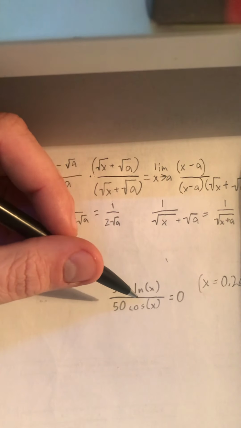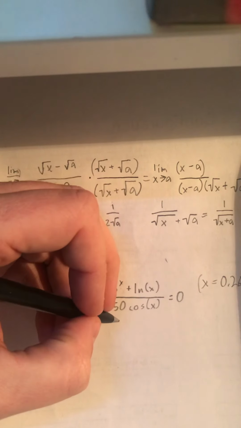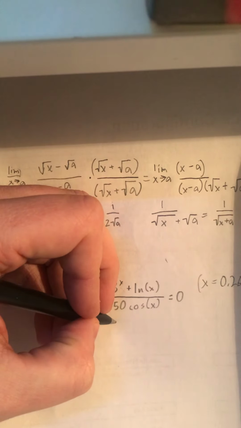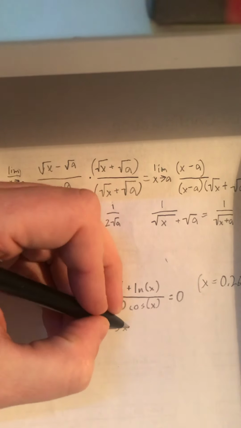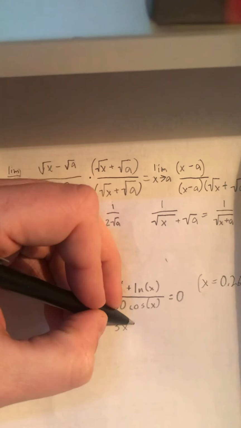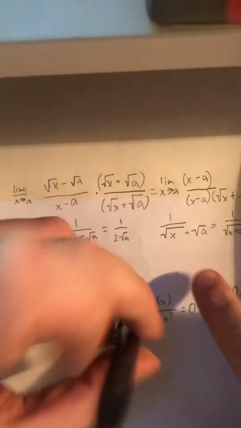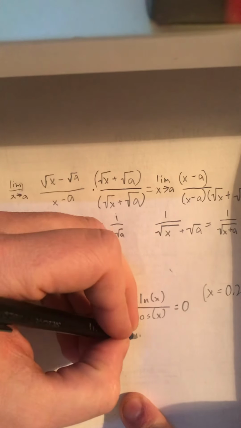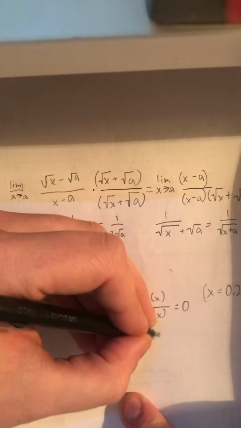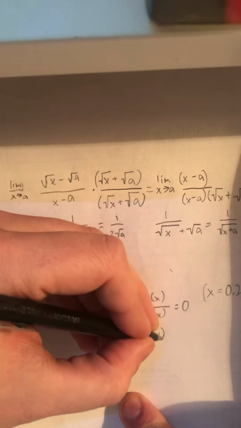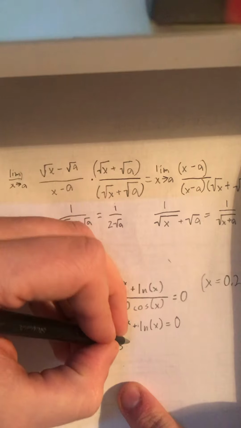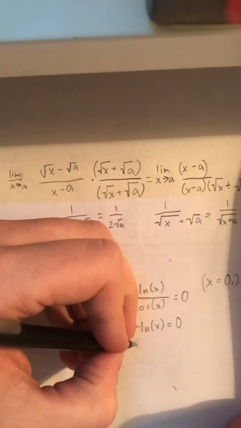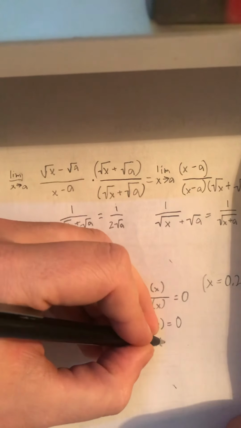So what makes it do that? Well, if we multiplied both sides, we would get 3 to the power of x plus the natural log of x equals 0, and that would come out to 3^x is equal to the negative natural log of x.